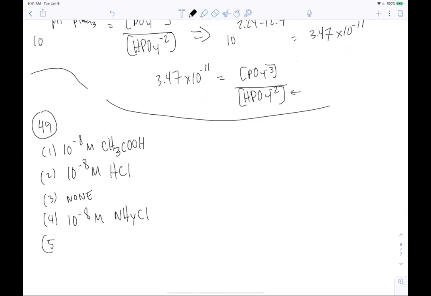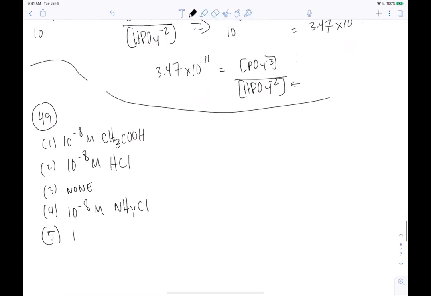So this is just being able to identify acids and bases. If we look at these, this is an acidic proton, that's an acidic proton.